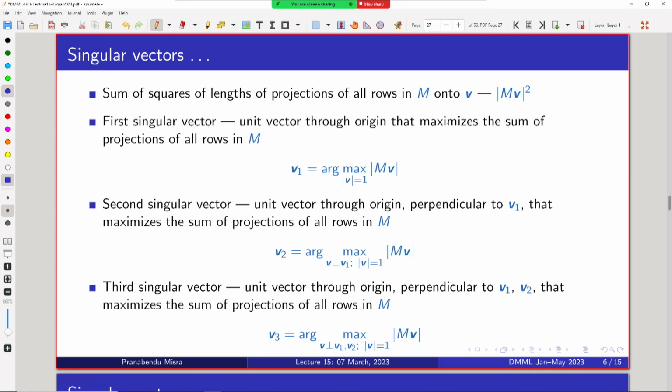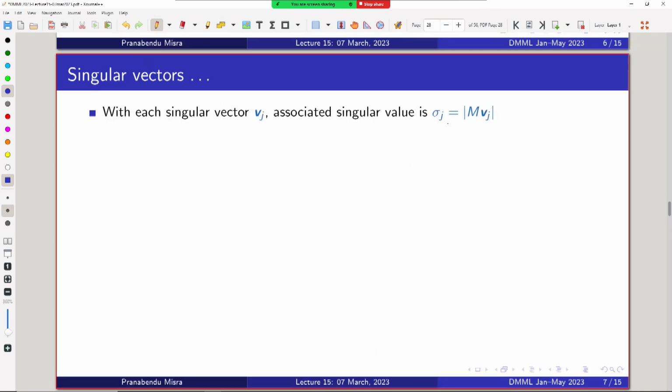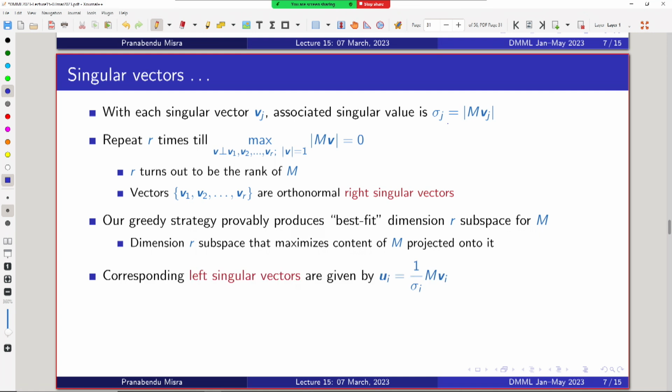This is the property that the singular vectors in SVD have, and in fact you can turn this into an algorithm by just repeated multiplication. There are many ways of doing this, but this is the key property that we essentially use. This is basically the formula for a general r plus 1th singular vector.